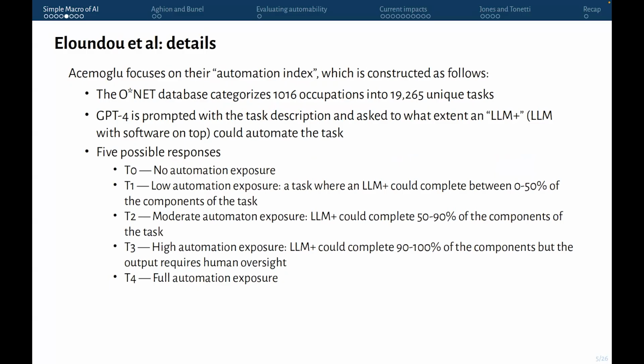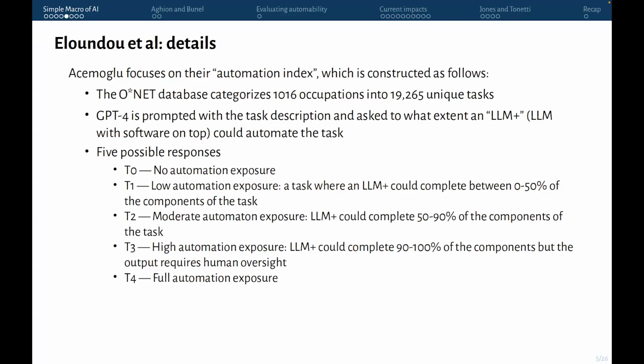That overall exposure index is premised on questions where you're asking, in a given set of O*NET tasks, could AI do this 50% cheaper or 50% more productively than a human? Obviously, 50% is a big threshold, which is why Acemoglu instead focuses on the automation index, which is just asking, can AI do this task? However, I think the way he uses it isn't exactly correct.